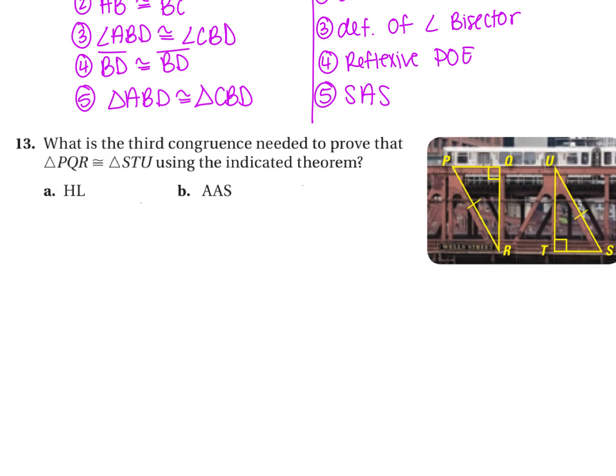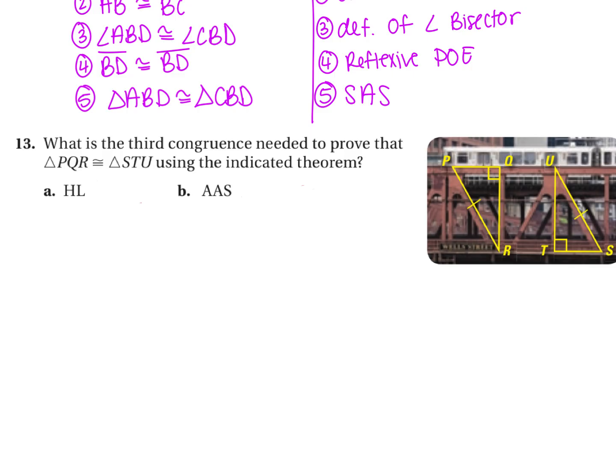What is the third congruence needed to prove that triangle PQR is congruent to triangle STU using the indicated theorem? So if I'm looking at A, what do I need to prove that this is congruent using HL? There are two answers.